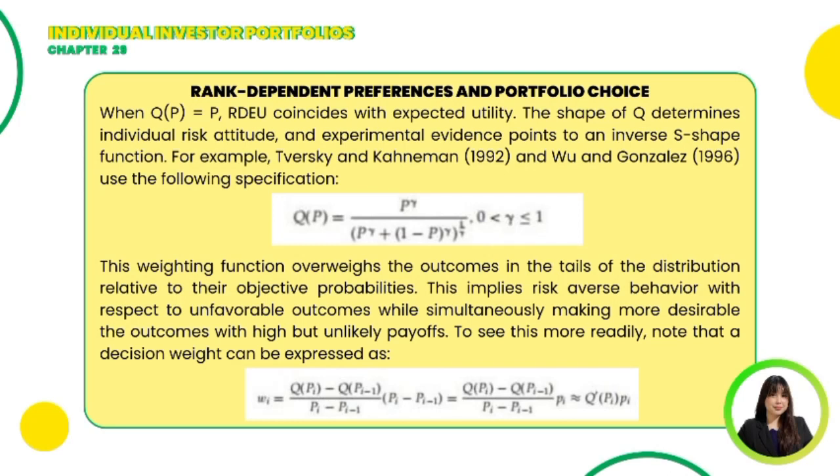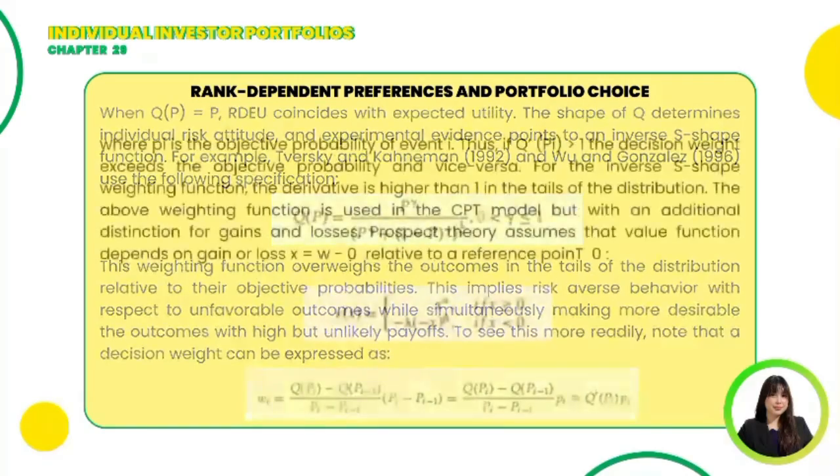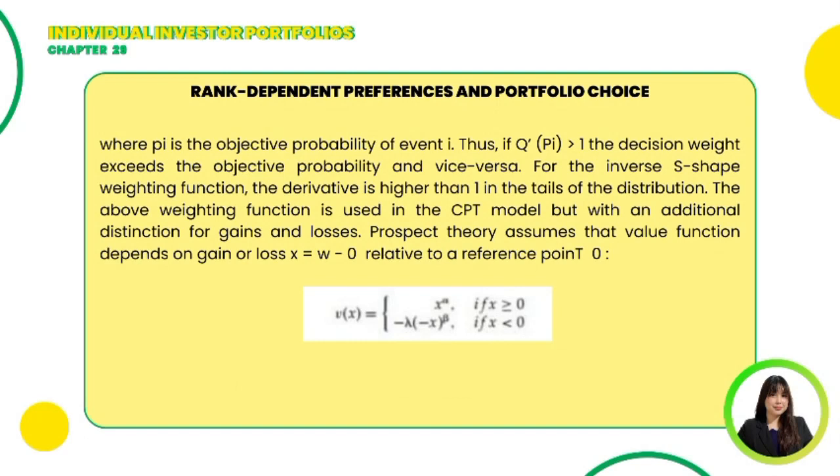To see this more readily, note that the decision weight can be expressed by the formula below, where p_i is the objective probability of event i. Thus, if q'(p_i) is greater than 1, the decision weight exceeds the objective probability and vice versa. For the inverse S-shaped weighting function, the derivative is higher than 1 in the tails of the distribution.